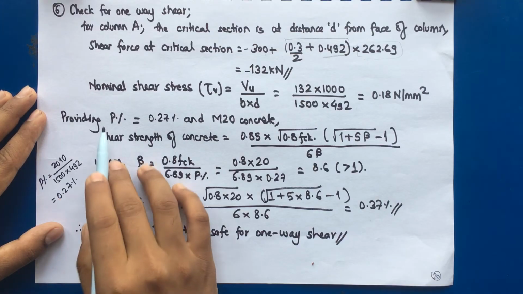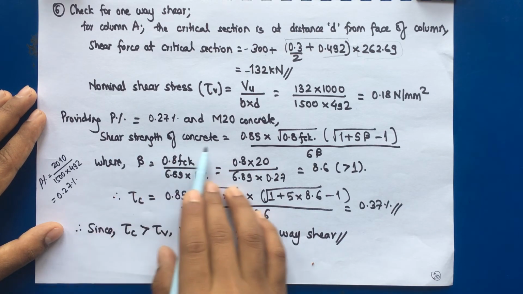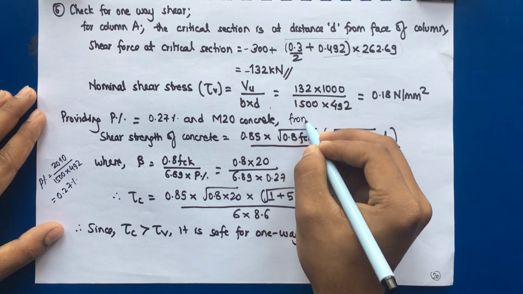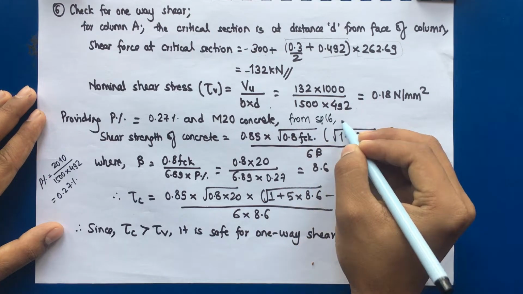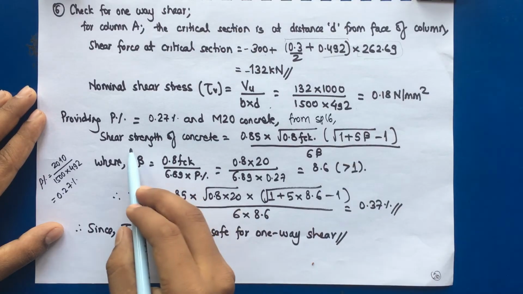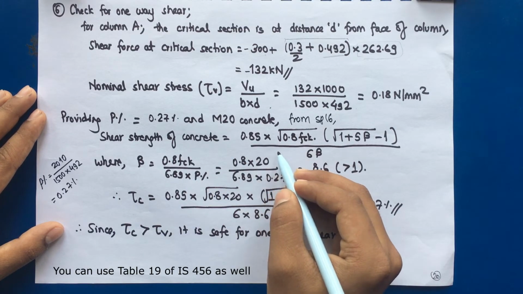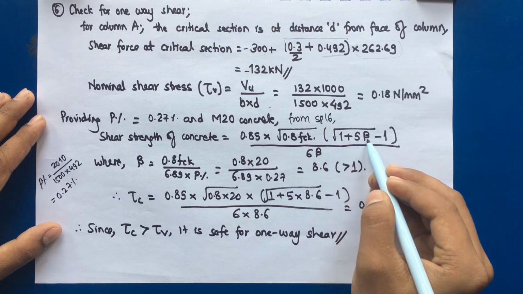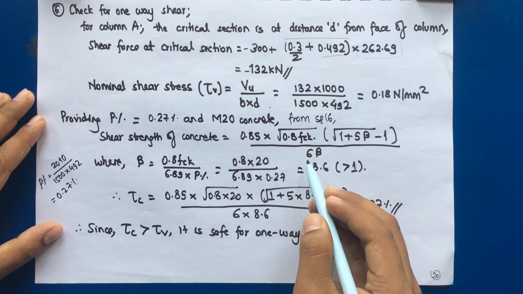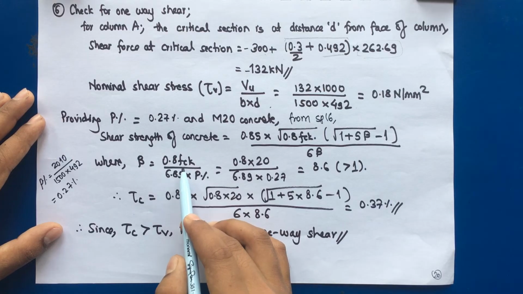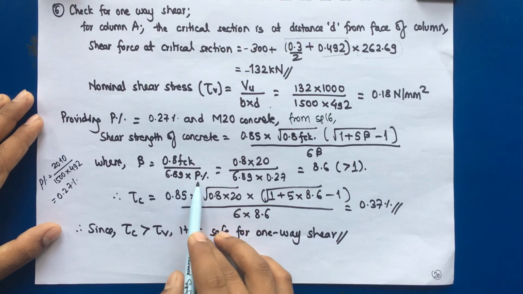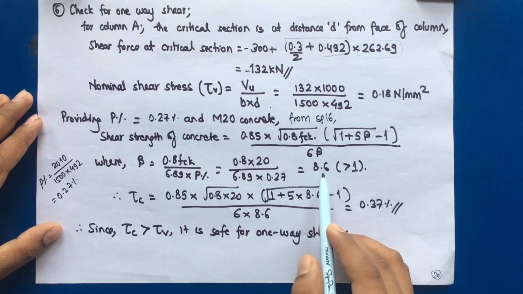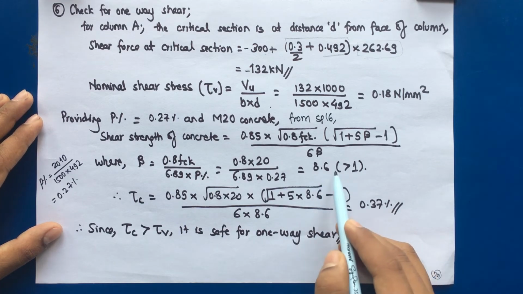Okay, provide, and M20 shear strength of the concrete is equal to nothing but, this is from SP16, 0.85 into under root 0.8 fck into under root 1 plus 5 beta minus 1 divided by 6 beta, where beta is nothing but 0.8 fck divided by 6.89 into Pt percentage. So we can substitute the value of fck and Pt percent, we'll get 8.6, and this value should be greater than 1.